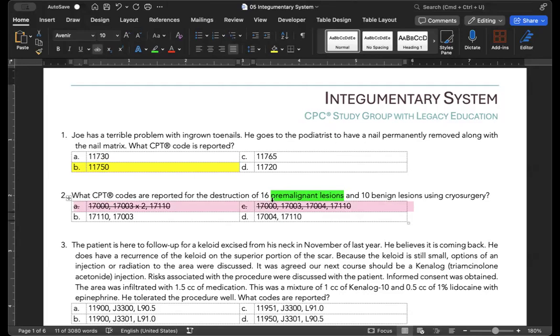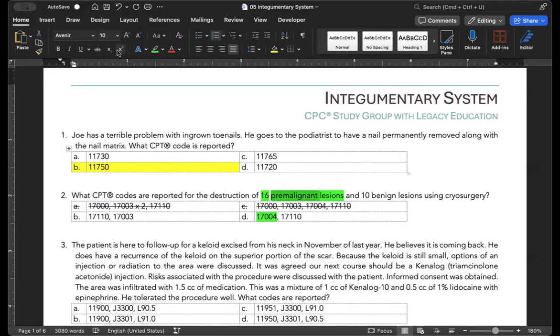So let's look at the 17004, and that's for destruction of your premalignant lesions, 15 or more. So we know we need 17004 because that is 16 of our premalignant lesions that are being removed.